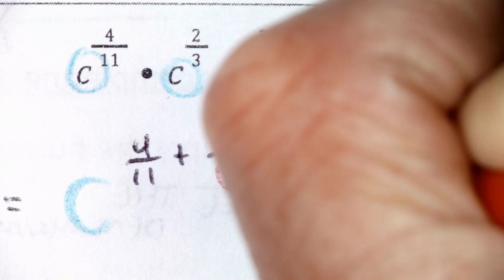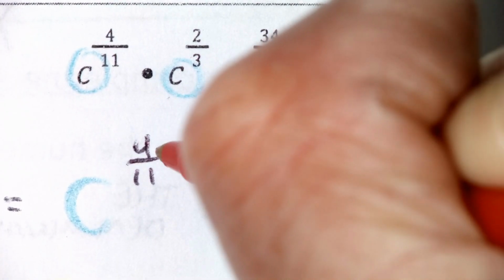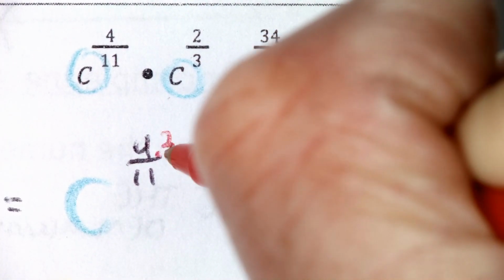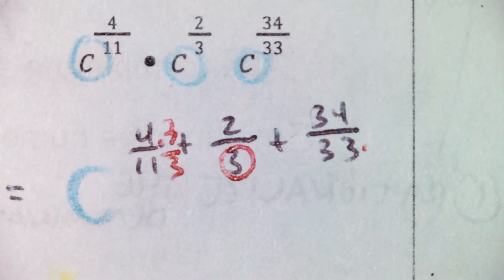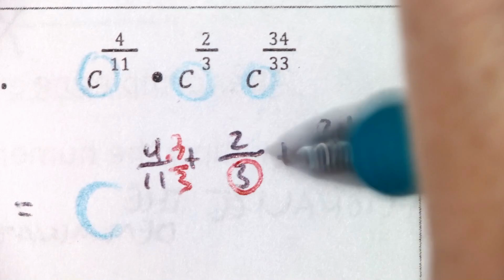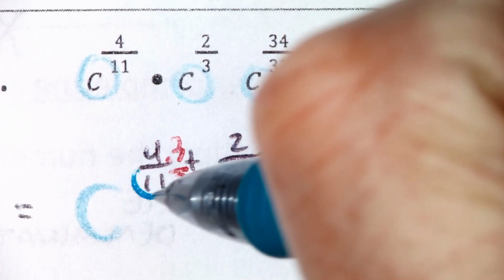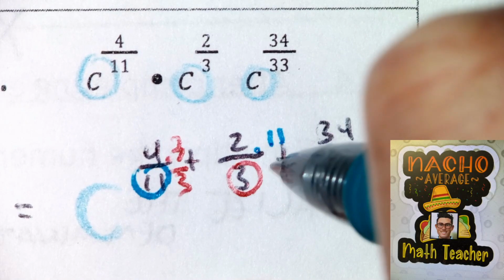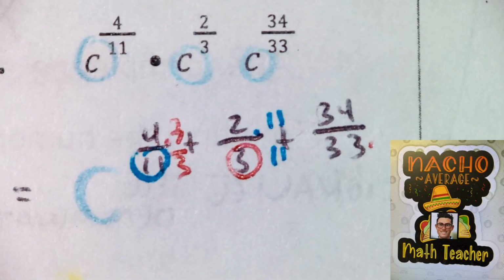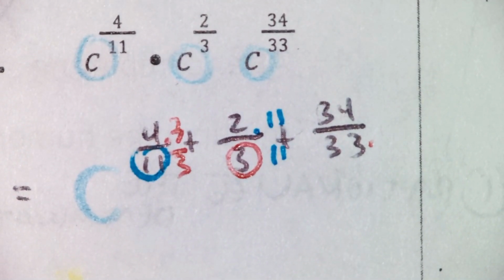So let's circle this. That's my hint. Let's multiply this other fraction by 3 over 3. Look at that. Now let's multiply this side by 11 over 11. Okay, I did that, so I can get all my denominators to be 33.